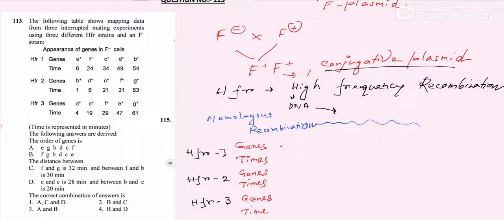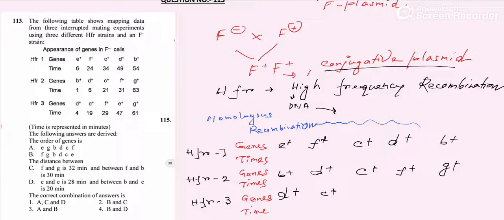In the first strain, they have arranged the pattern E plus, F plus, C plus, D plus and B plus. In Hfr2 it is B plus, D plus, C plus, F plus and G plus. In the last one it is D plus, C plus, F plus, E plus and G plus.